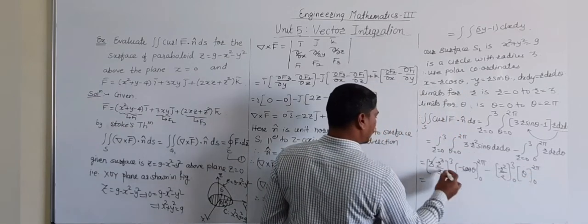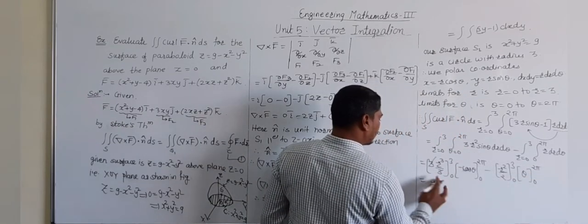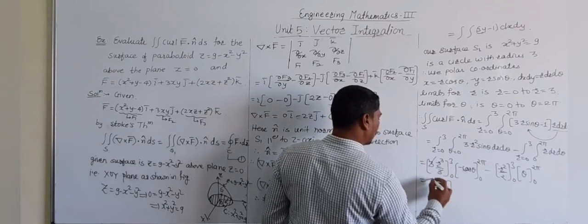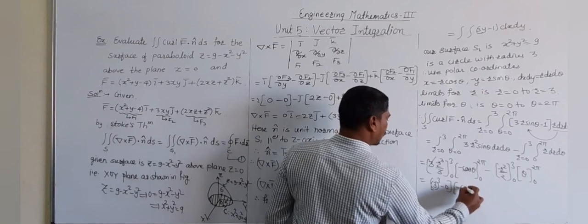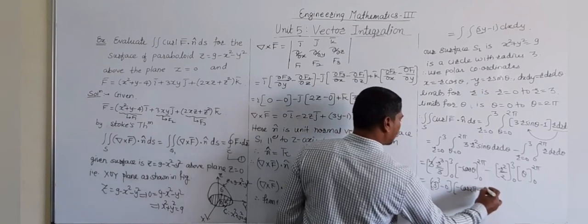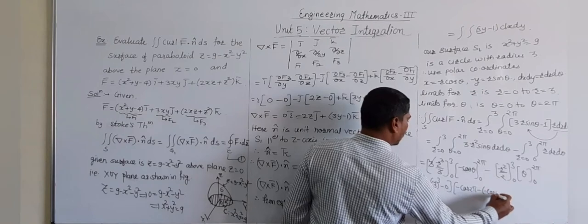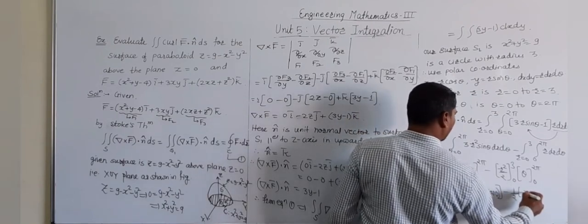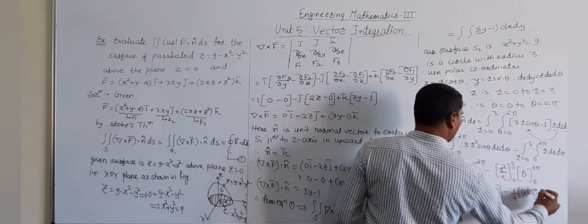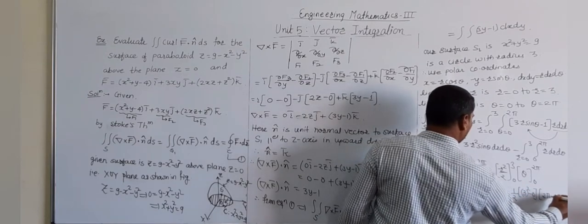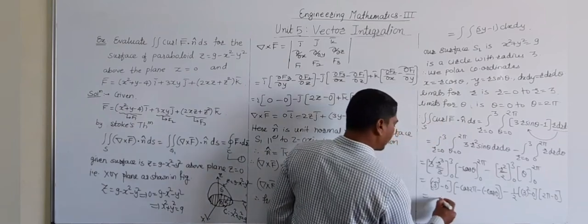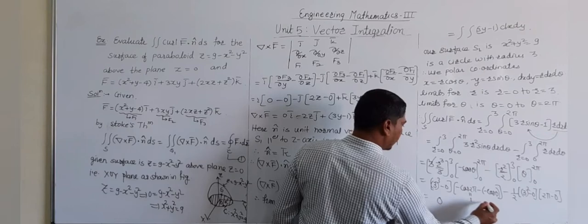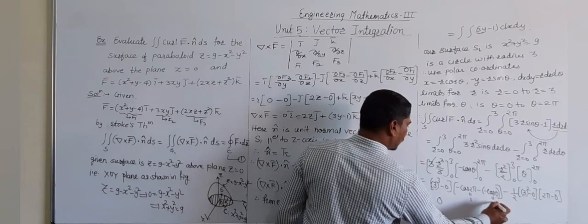So in that way this 3 will get cancelled, replace r by upper limit 3, so we get 3 cube minus 0 into bracket minus cos of 2 pi minus cos of 0, bracket complete, minus 1 upon 2 into bracket 3 square minus 0 into bracket 2 pi minus 0. So in that way this first term becomes 0, because the value of cos 2 pi is 1 and the value of cos 0 is 1.